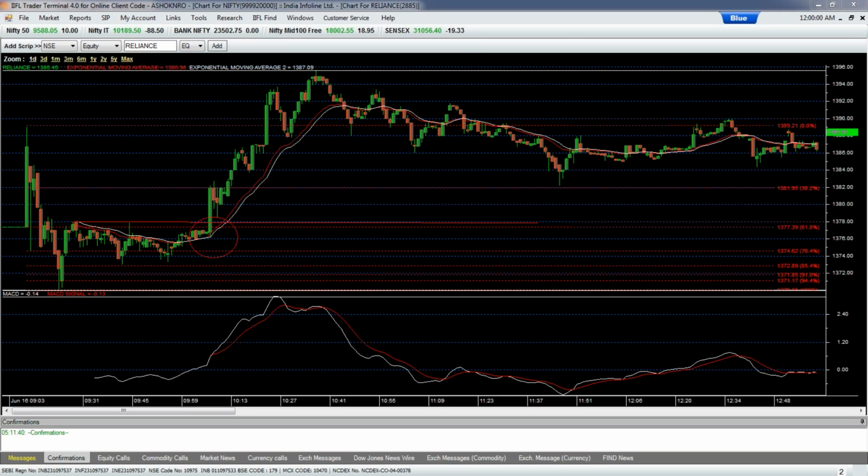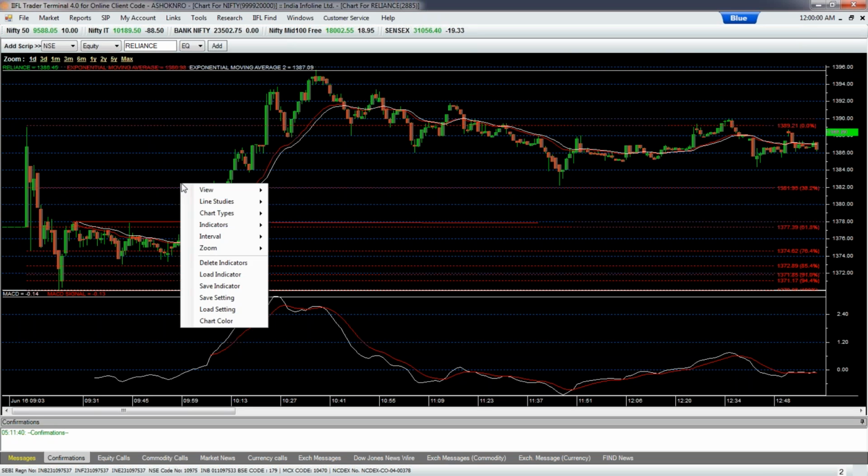So you have to see a very big move or a momentum move when you are breaching the resistance zone, and that shows in the price action.